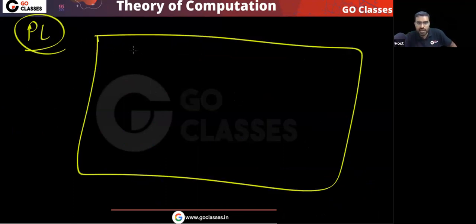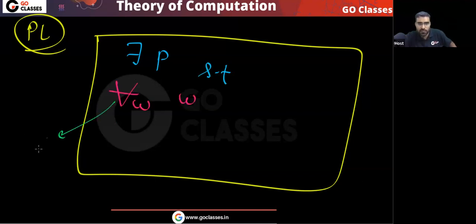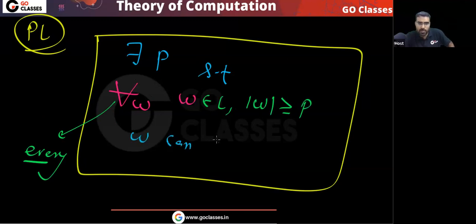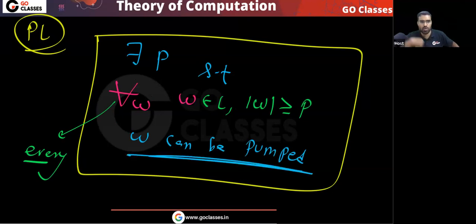You know the pumping lemma: there exists a magical number such that for every candidate string, whatever W you take, W can be pumped. Okay, this is your pumping lemma.